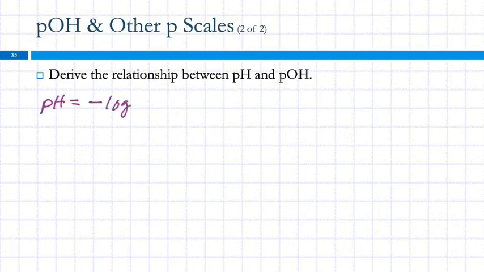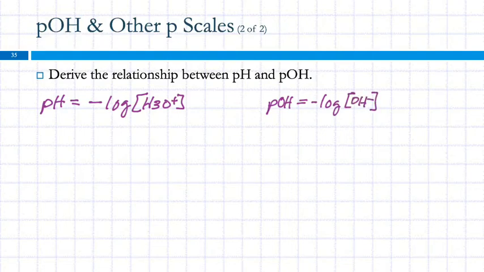Well, pH is the negative log of the hydronium ion concentration, and pOH is the negative log of the hydroxide ion concentration, right?